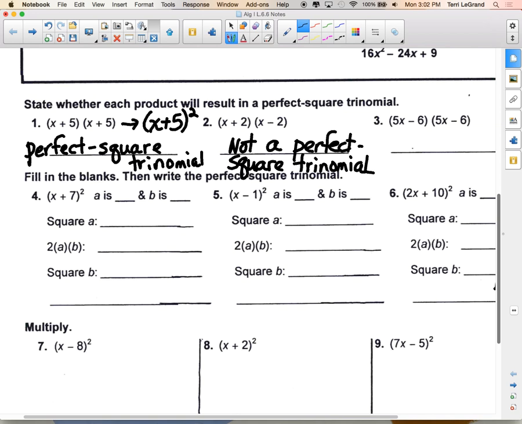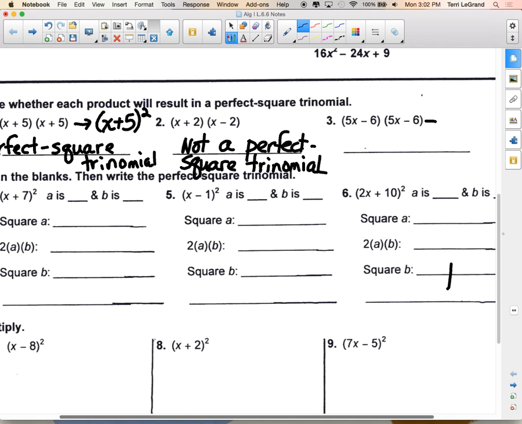How about number 3? Yes, because it can be written as 5x minus 6, that binomial, times itself. It can be like that binomial squared. So we would say its product would be what? Perfect square trinomial. Yeah, this one would also give us a perfect square trinomial.